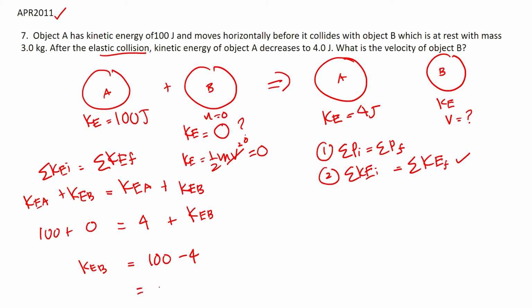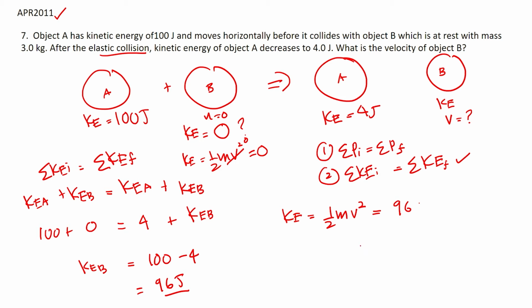So it is 96 joule. Okay, so the kinetic energy of B is 96 joule, and we know kinetic energy equals half mv squared. And then for object B final, it equals the kinetic energy of B, 96 joule.